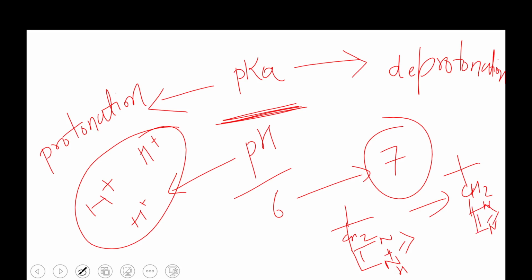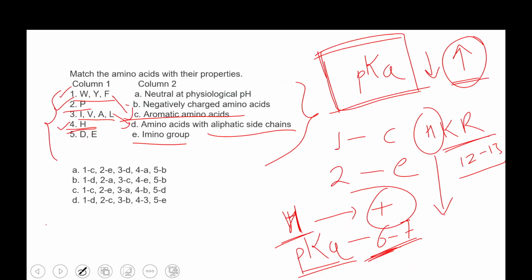Below the pK it will be in a positive charge state, but above the pK, at physiological pH, it will have zero charge. So the fourth option will be matched with A, neutral at physiological pH.